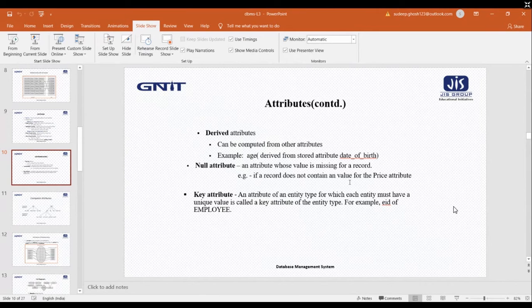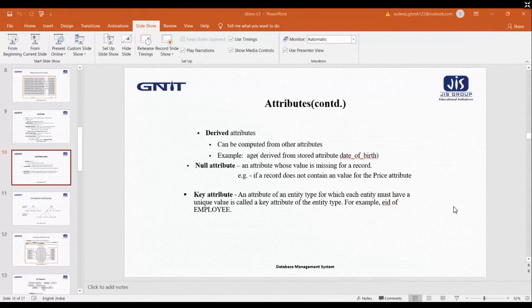For example, in a table you have added two columns, that is phone number 1 and phone number 2. Now all the persons may not have two phone numbers.